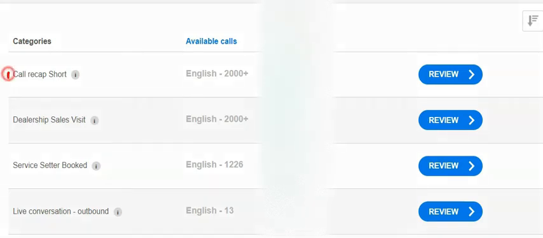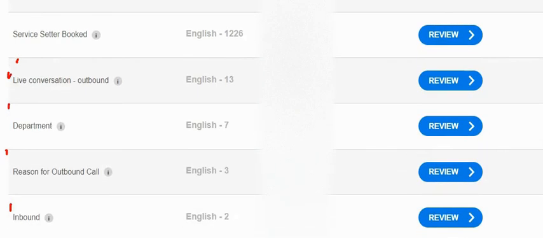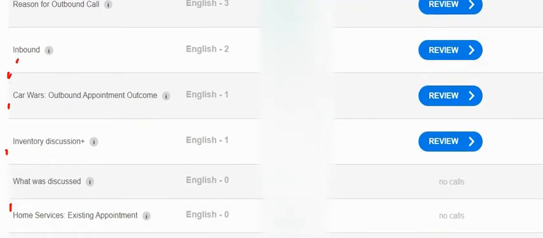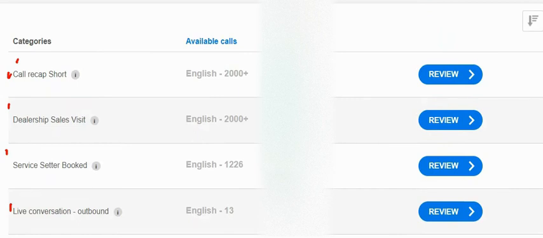I have here 1, 2, 3, 4, 5, 6, 7, 8, 9, 10, 11, 12. Okay, so right now I have 12 categories where I work, but basically I focus on these categories because they have the higher rate.